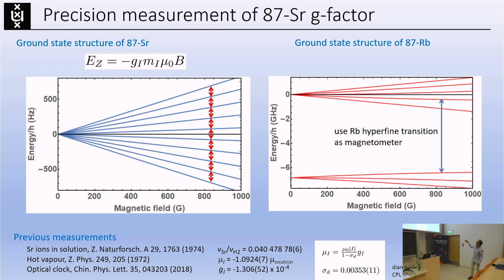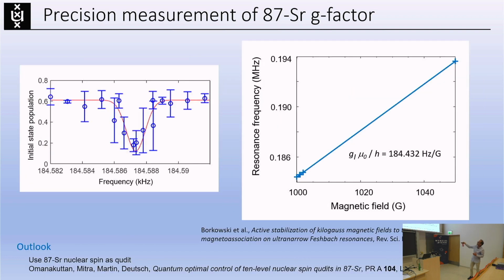We use rubidium to measure our magnetic field very precisely at the same time as driving this nuclear transition. And then here you see strontium driven away from the initialized polarized state, and we get a very nice measurement to 5 or perhaps even 6 digits of our g-factor of strontium, which is better than what was done in hot vapor cells or in ions in liquids.